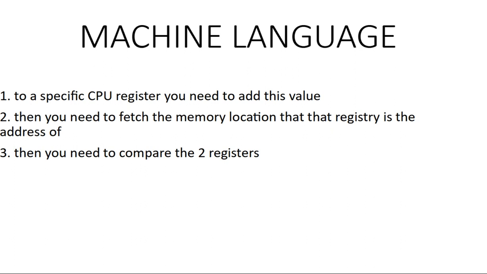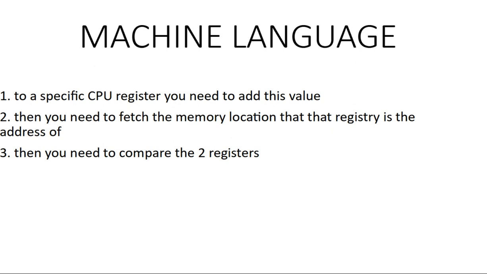Then you need to compare the two registers. For those of you who don't know, a register is like the memory of the CPU. So you're talking to the CPU, right? You need to give instructions to the CPU. That's the whole point of machine language. You have to give specific instructions to the CPU. That's the language the CPU understands. That's the language, all right?